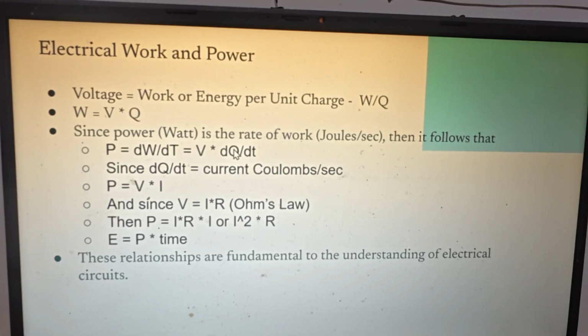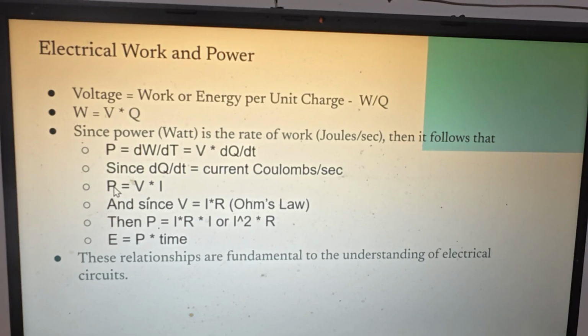So it's charge per second, which is actually current. And this is how we derive Ohm's law. Ohm's law is just an extension of conservation of energy and conservation of charge all in one equation.